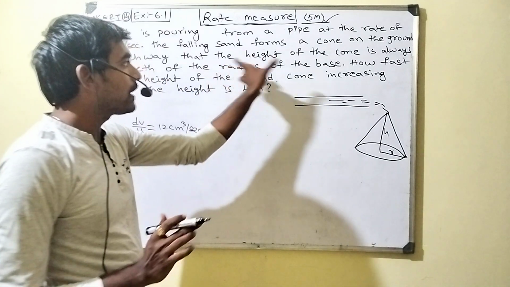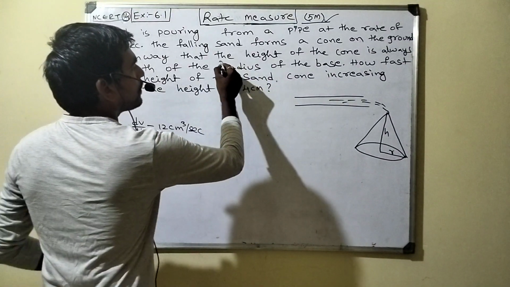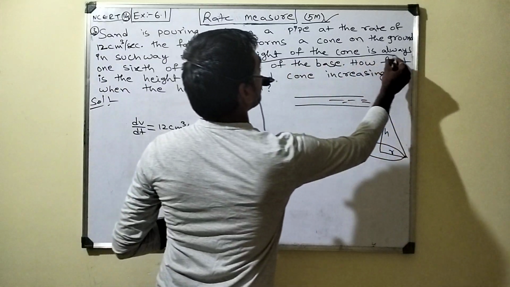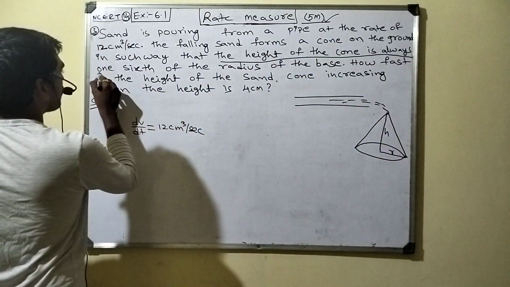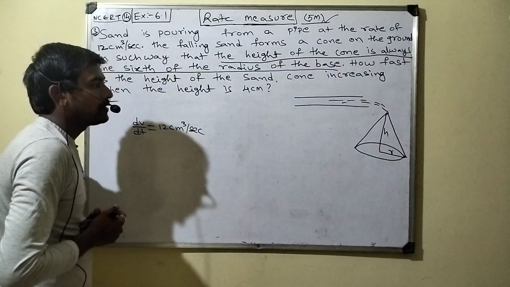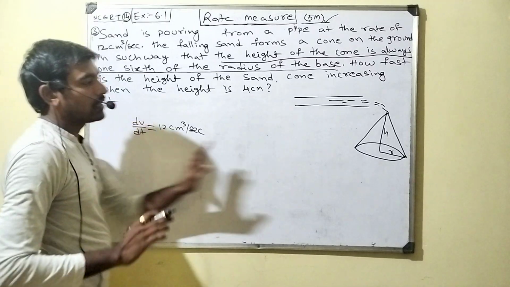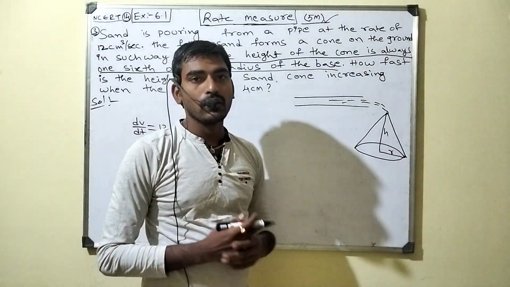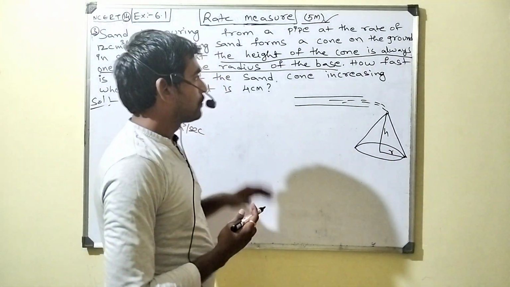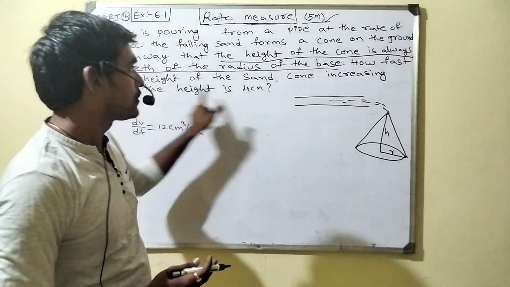So which sentence should we underline? Height of the cone is always 1/6 of the radius of the base. First, you should write some story. Let R be the radius and H be the height of the cone. Now what should we find?